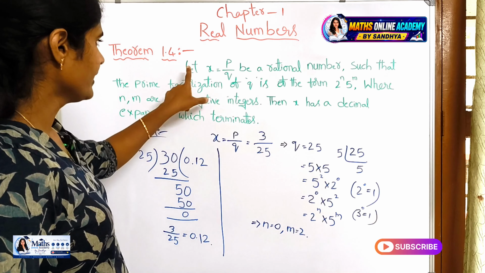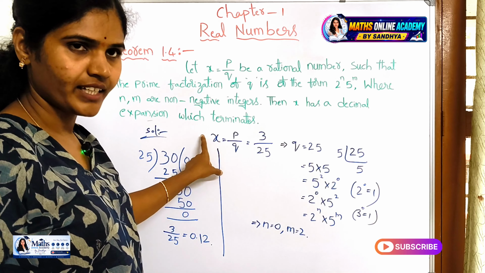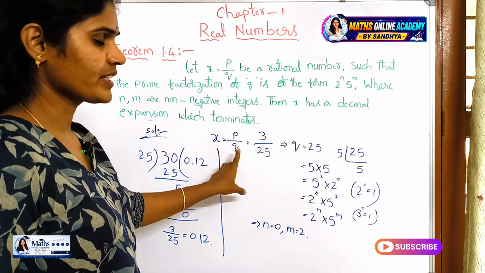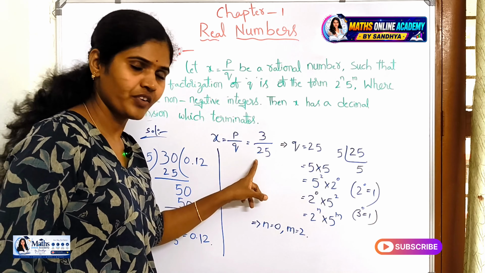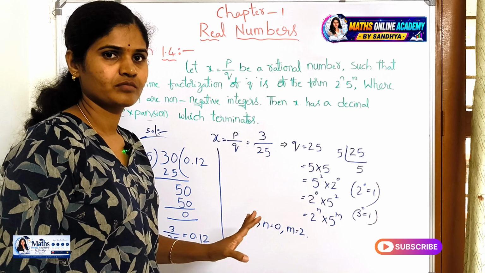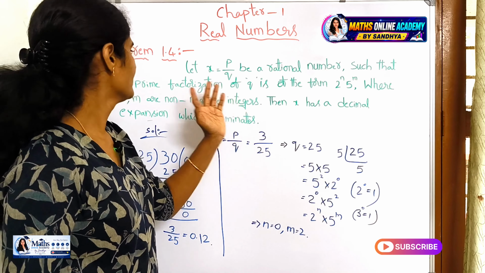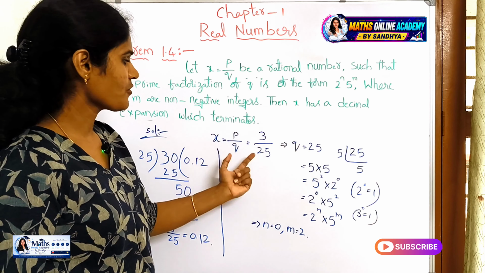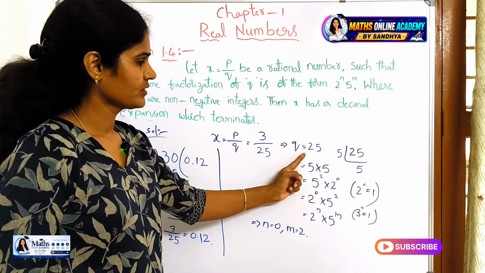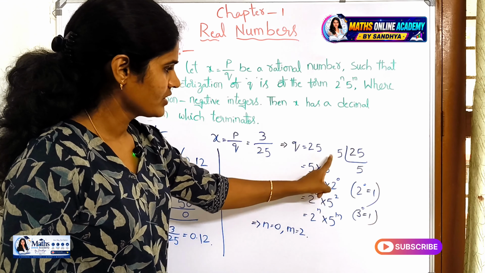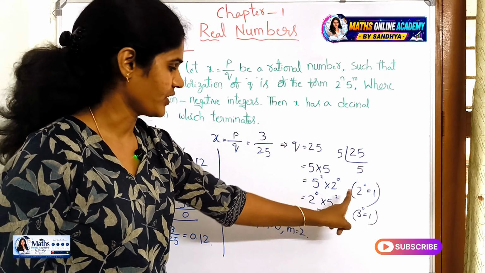So x equal to p by q is a rational number. We are taking, let x equal to p by q be a rational number. For example, we are taking 3 by 25. So 3 by 25 is in the form of p by q, such that the factorization of q, here q is 25, is 5 square. 2 power 0 means 1.